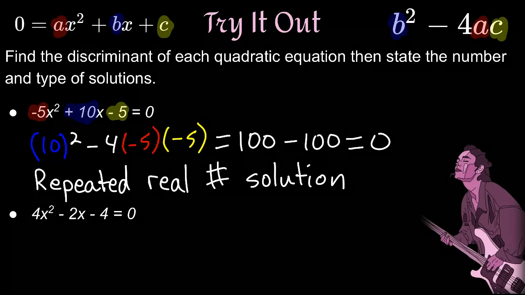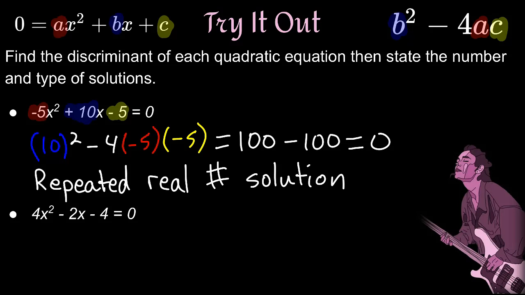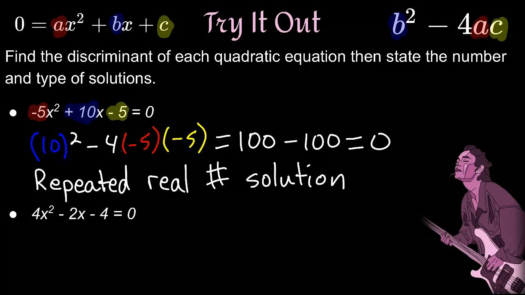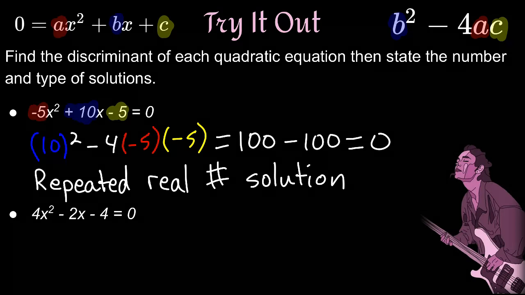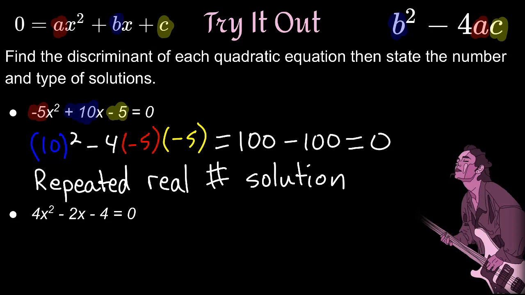Questions about that problem right there? Zero is the value of the discriminant. That's all we have to do. For this question, it just says find the discriminant and state the number and type of solutions.